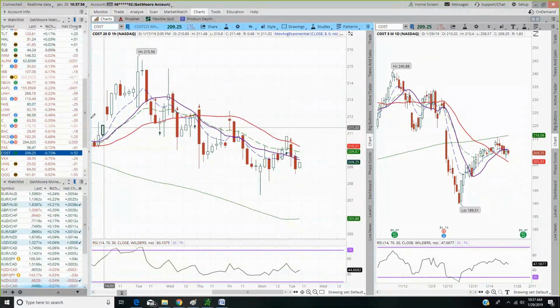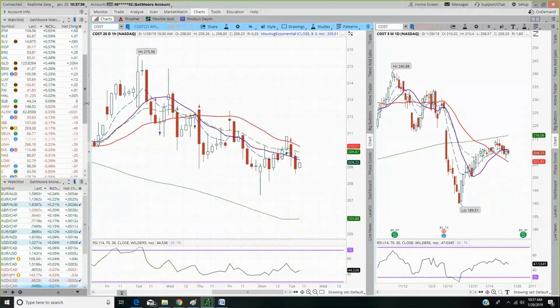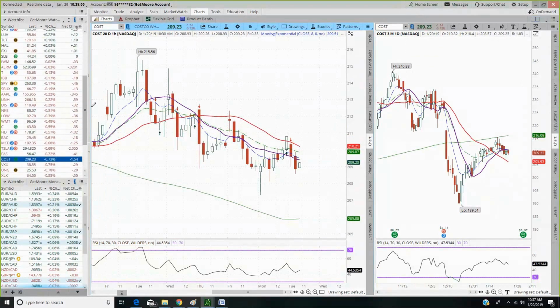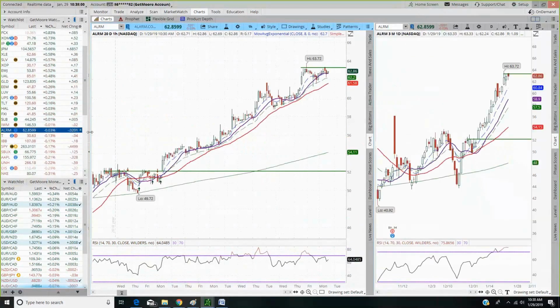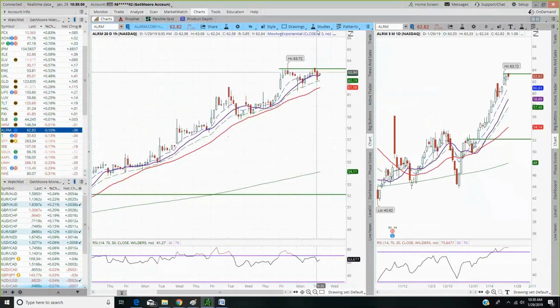Whenever I am selling, I want the stock to drop like a rock. If this drops, it's going to drop like a rock. This is my opportunity.